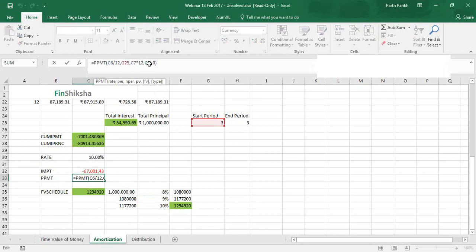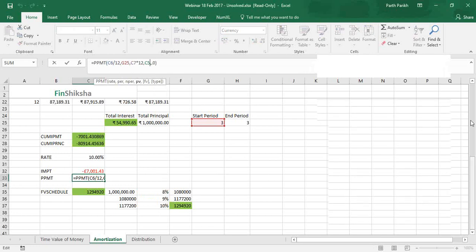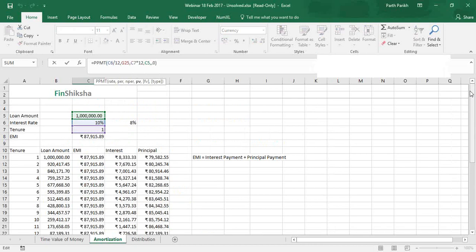In PPMT, my PV value doesn't change because PPMT internally creates the amortization schedule from the start. That's why I've taken PV as 10 lakhs, and not as 8.4 lakhs.